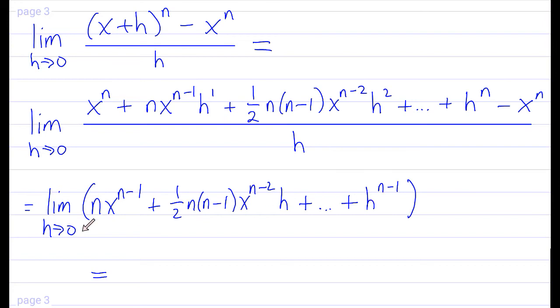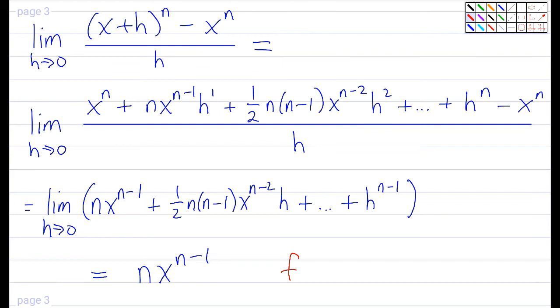When I plug in 0 for h, they all disappear. What do I get? I get n x to the n minus 1. I'll write that result in red so that we know what we just got. If f of x is x to the n, then f prime of x is n times x to the n minus 1 power. That's the result.